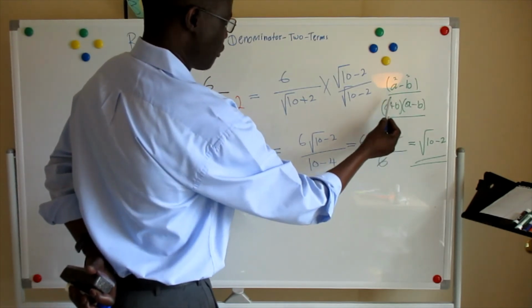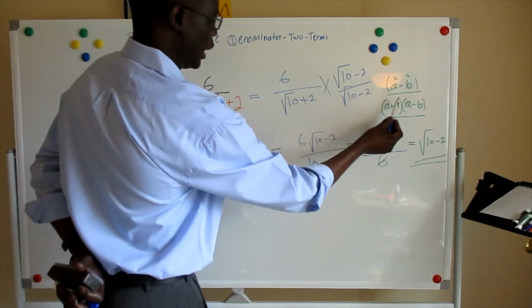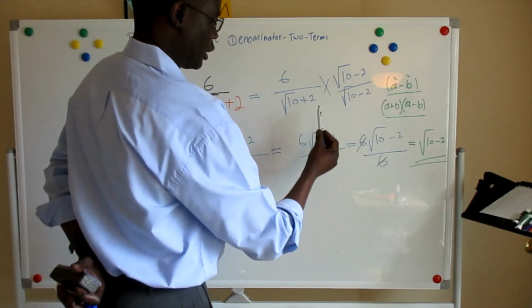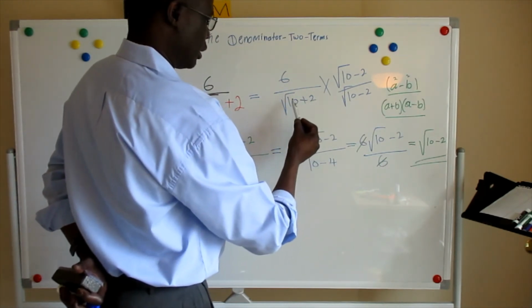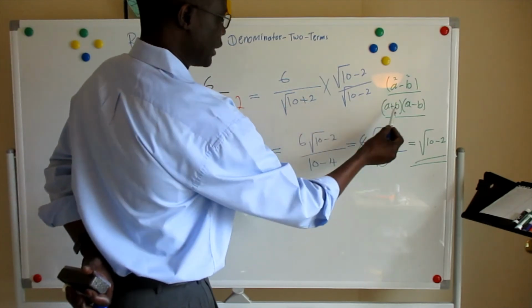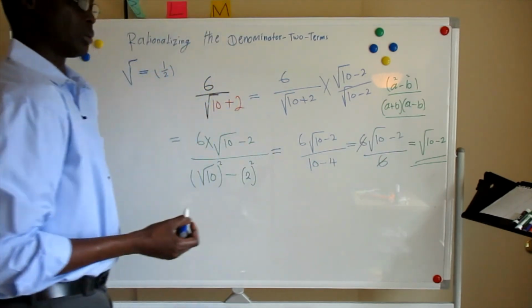In our example, A would be root 10 and B is 2. And when we took the conjugate of root 10 plus 2, it became root 10 minus 2.